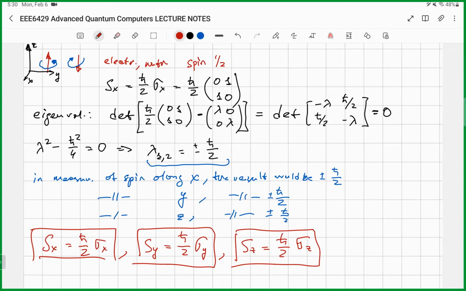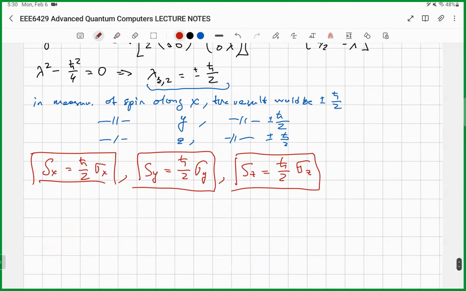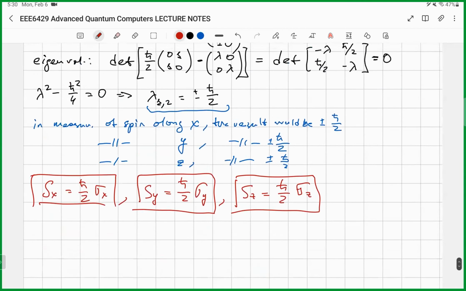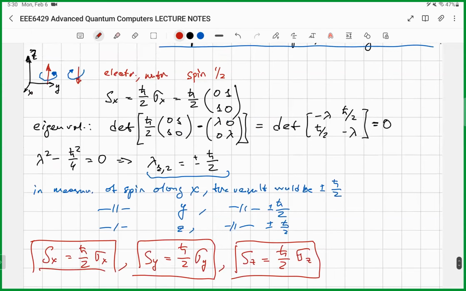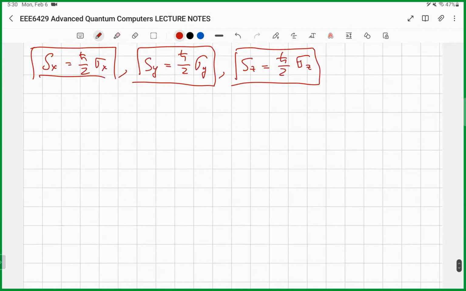But for that, you also basically need this definition of spin operators. Anyway, this is just a problem to show how we work with this operator and what the eigenvalues of this operator are.